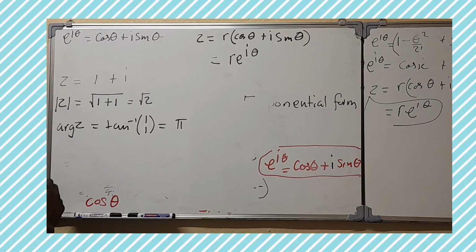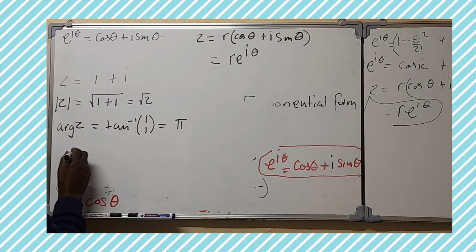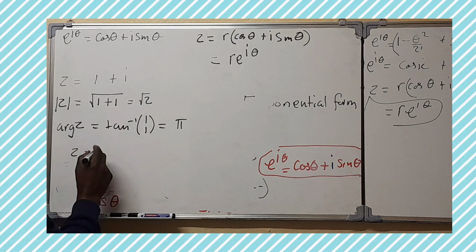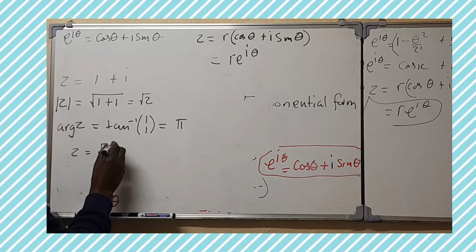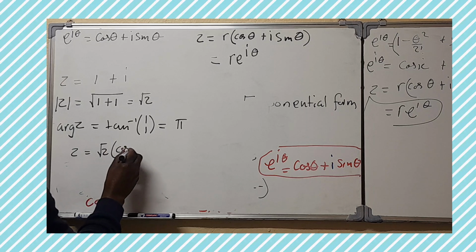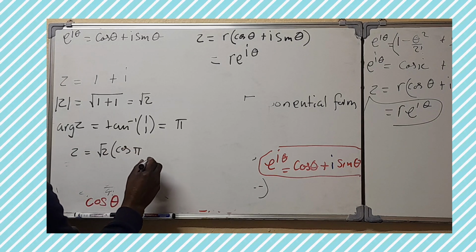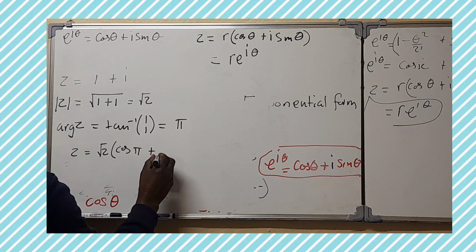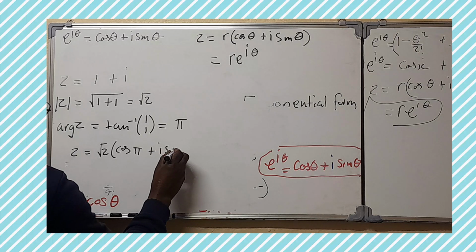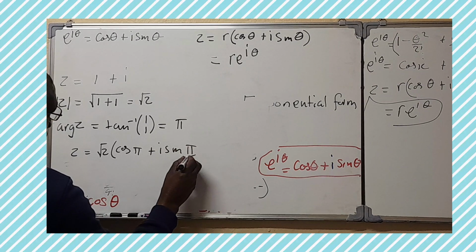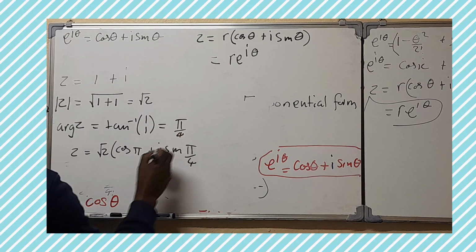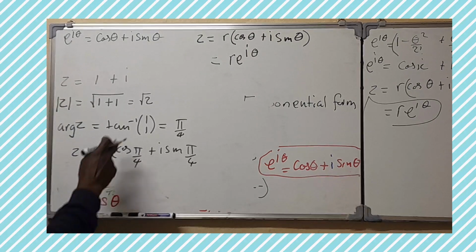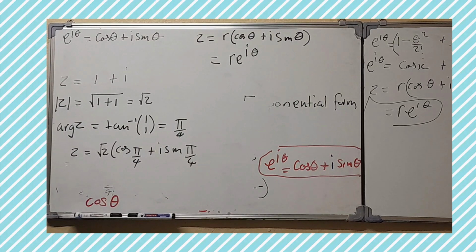So therefore, in the polar form, z is equal to root of 2 brackets cosine of pi over 4 plus i sine of pi over 4. Sorry, I don't know why I'm writing pi. It's pi over 4, which is 45 degrees. Okay, that is z in polar form. What about z in exponential form?